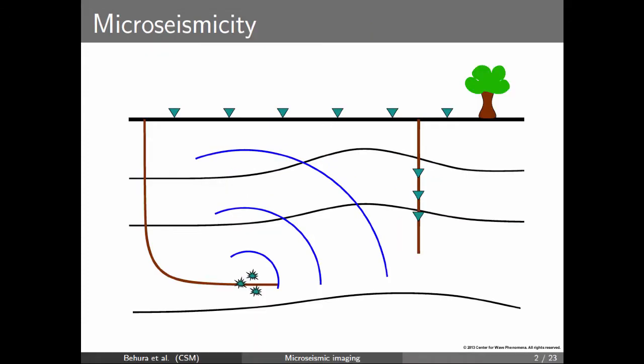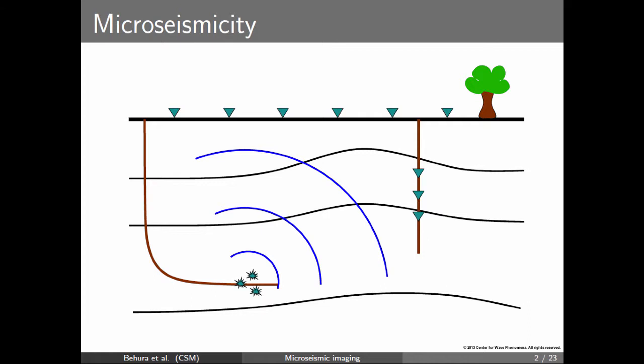Before I go into the details, let me just give a brief 101 course on what is microseismicity. With horizontal drilling and the advent of hydraulic fracturing, gas shales or oil shales, maybe in the future, have become really exploitable.